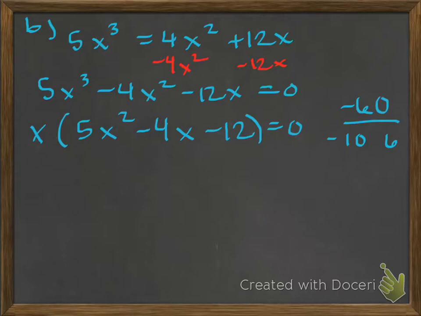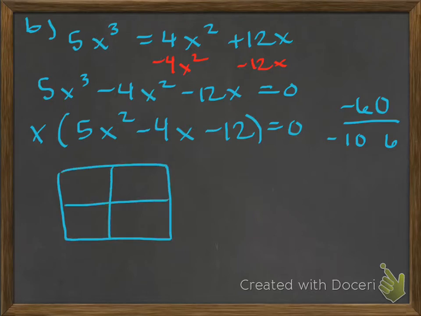So my boxers, go ahead and make your box. My foilers, go ahead and foil. I'm going to do the box one since I haven't done that recently. So I have a 5x squared, a negative 10x, a 6x, and a negative 12. And we're finding the outside.